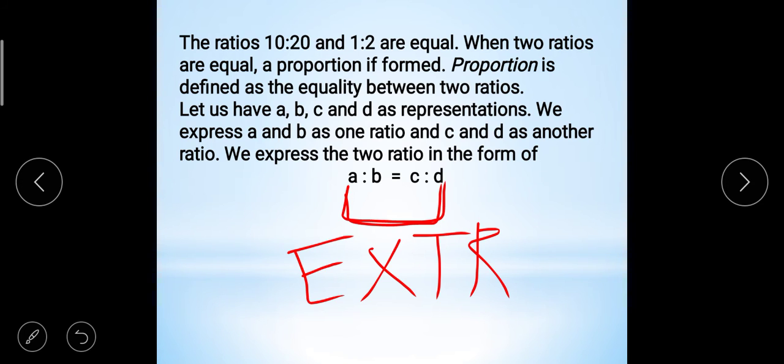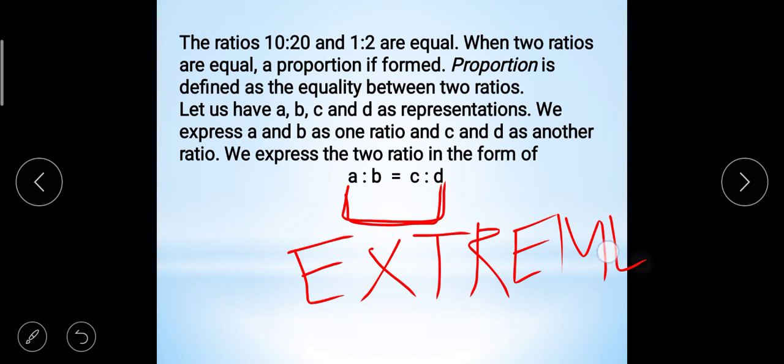Okay. How about gem? Do you know anong tawag natin dun sa outer part ng ating ratio? The outer quantity in a ratio. X. Kaya talaga, kinalimutan nyo kaagad.